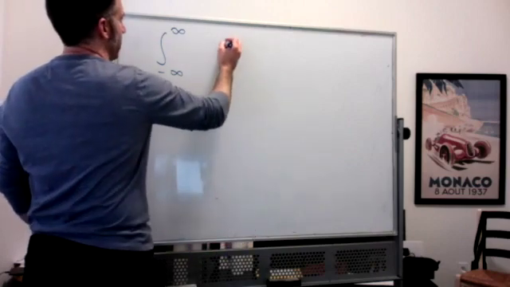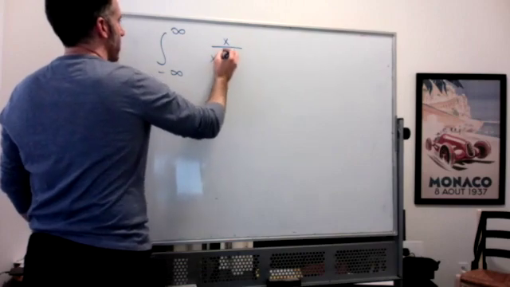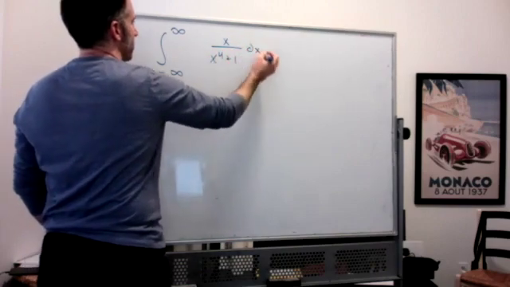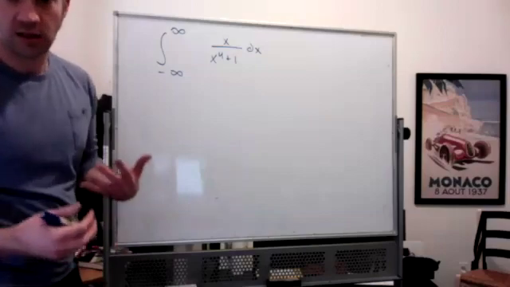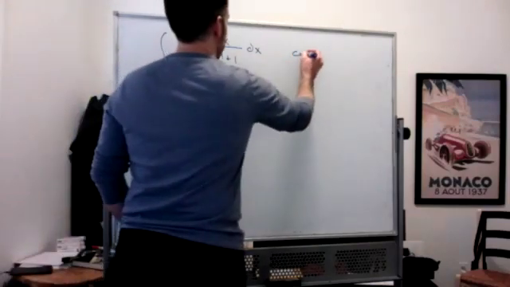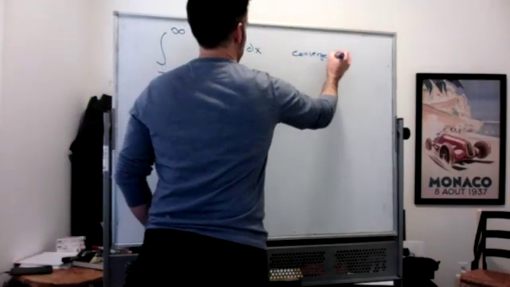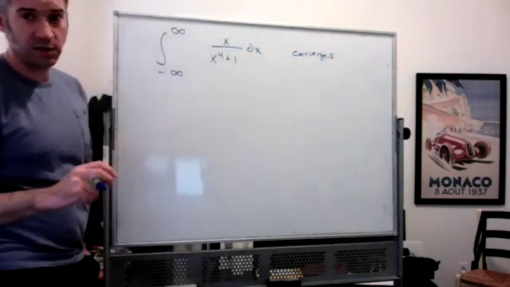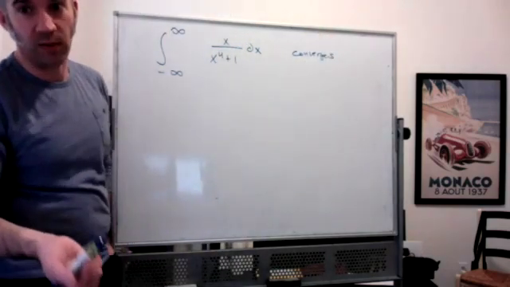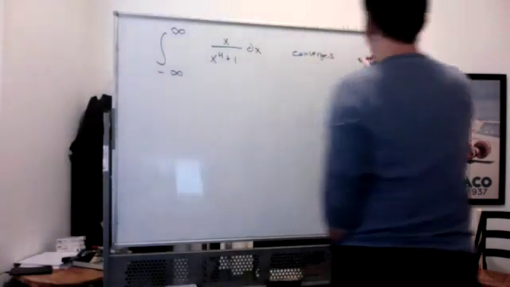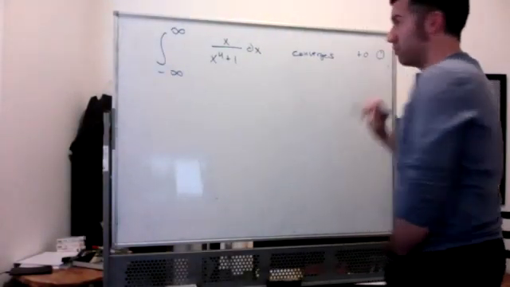Yeah, sure. I have something like x over x to the fourth plus 1. This converges, and it converges because the function's odd. In fact, it converges to 0.